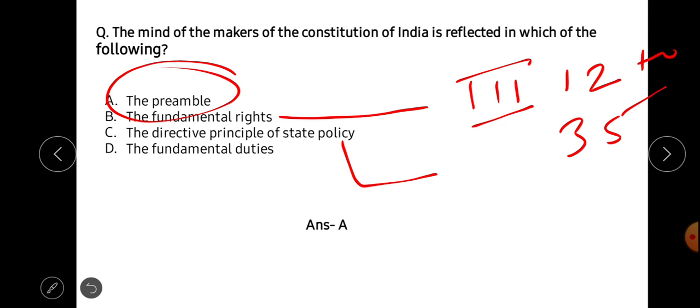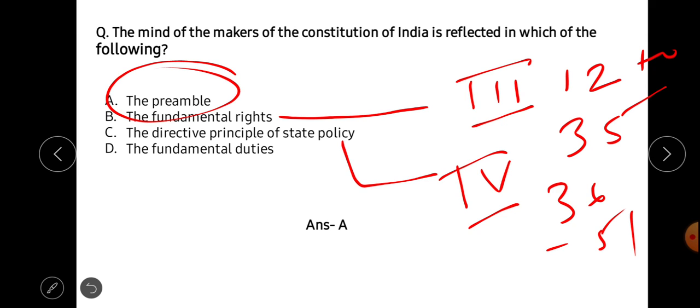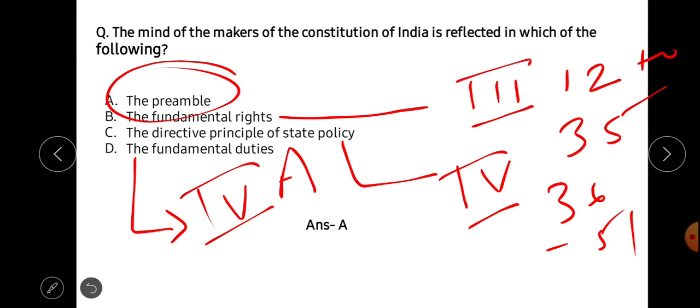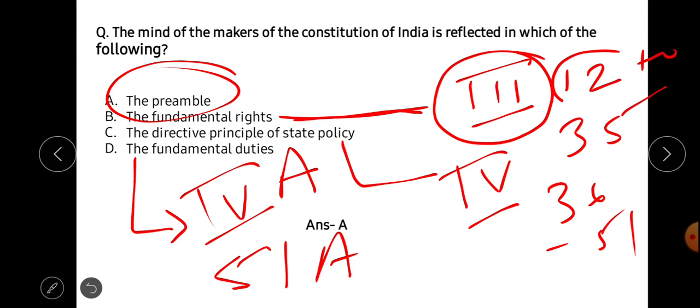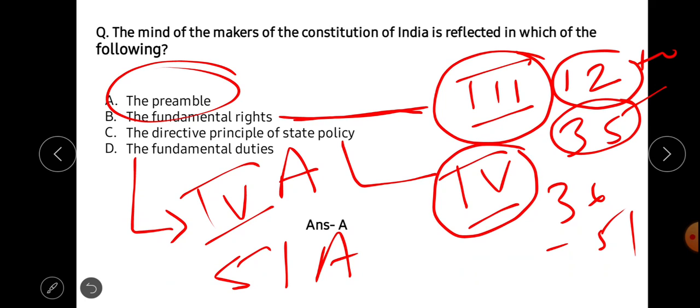The directive principles of state policy, I have already told you, are mentioned in part 4 of the constitution, from article 36 to 51.